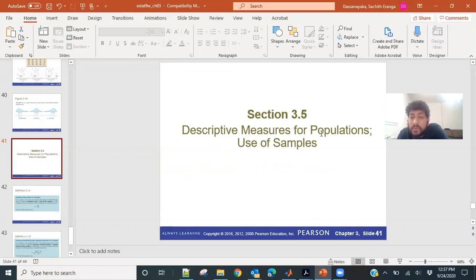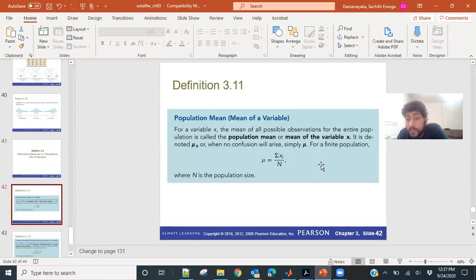Descriptive measures for population. When you go to the population case, the idea behind the mean and standard deviation is the same. But here it is population mean and population standard deviation. Last time we discussed sample mean and sample standard deviation.